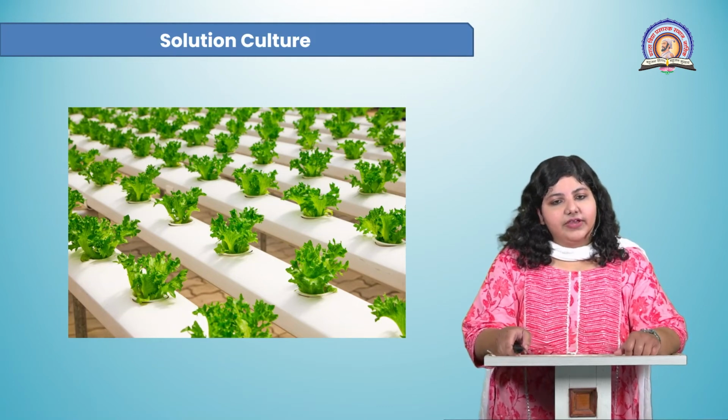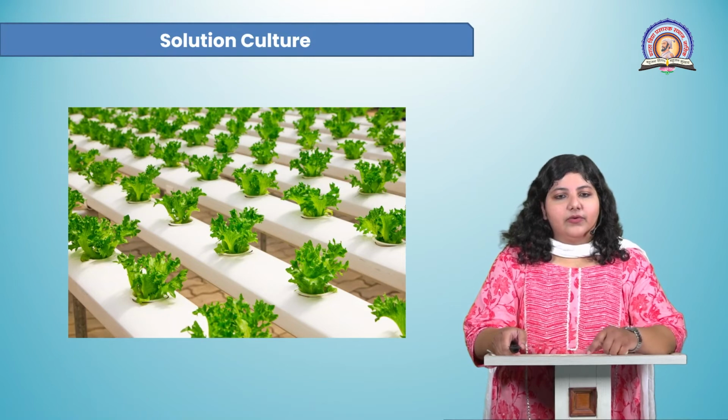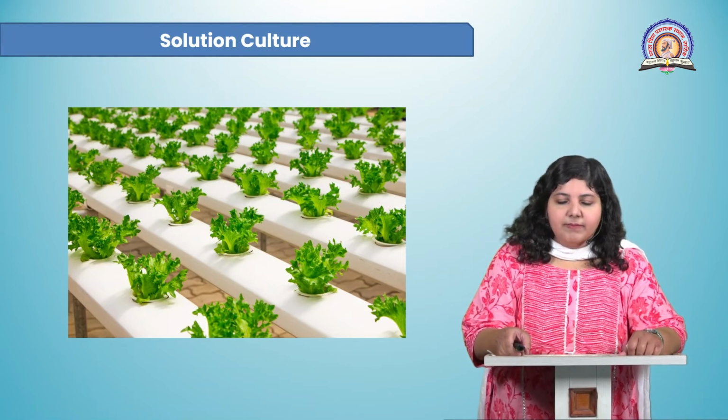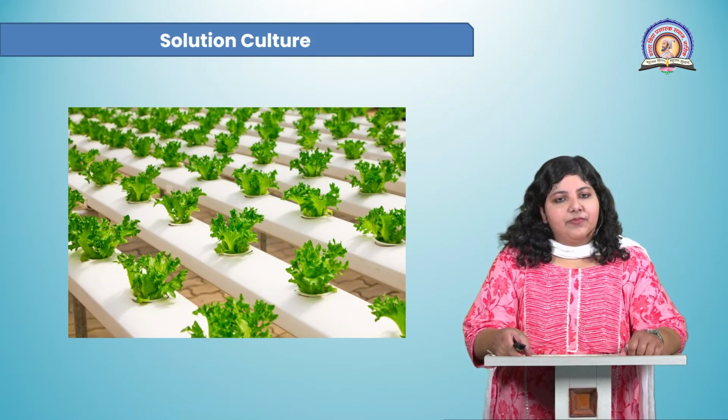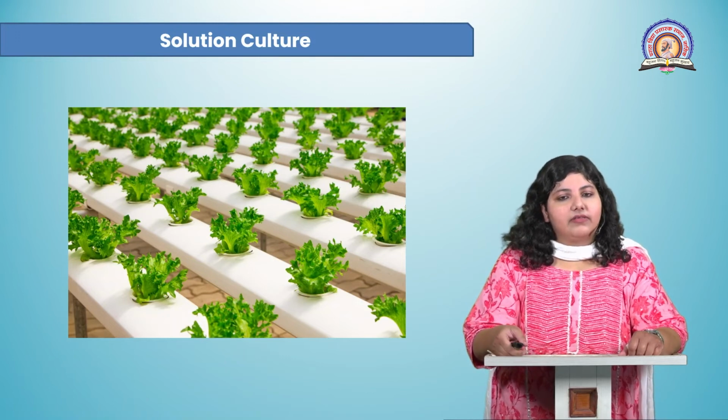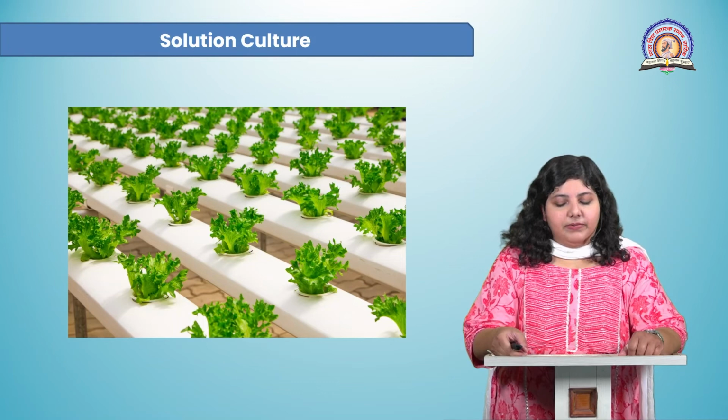You can see in this figure how different plants are grown in tanks containing nutrient rich solution. The roots are in direct contact with the nutrient solution, and they absorb the nutrients from that water, complete their life cycle and grow properly.